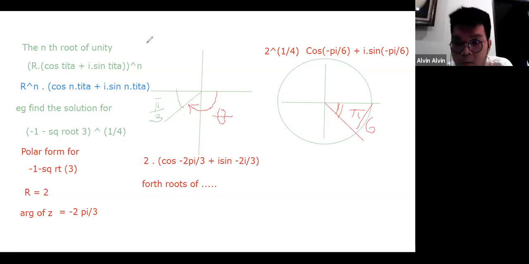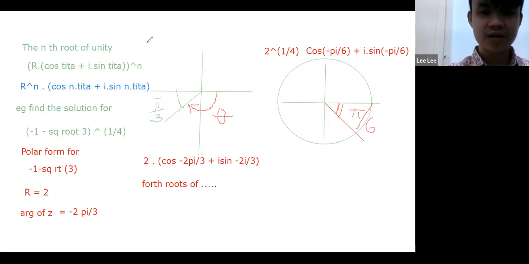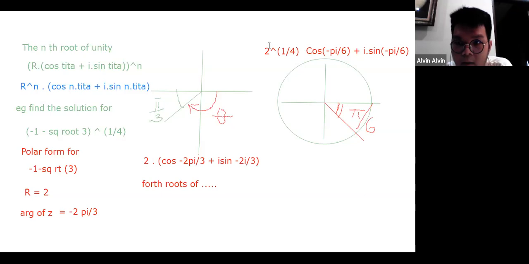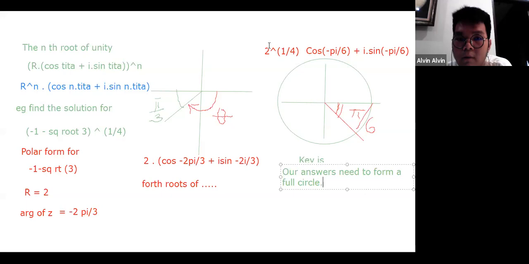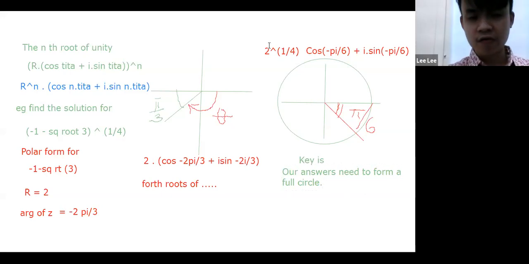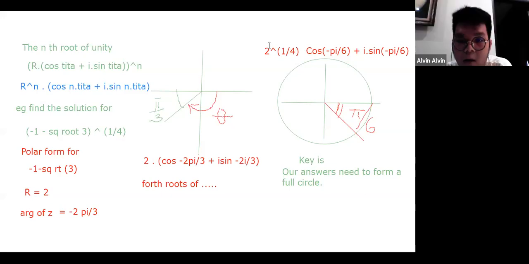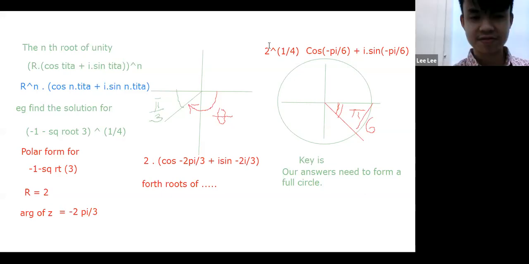Now the key concept is that our answers have to form a full circle. You want to find 4 roots, so there must be 4 answers.